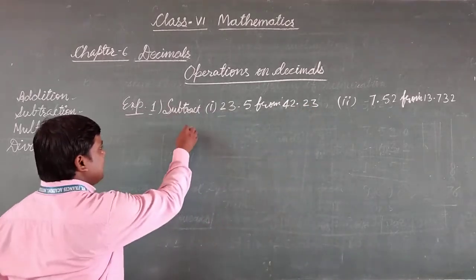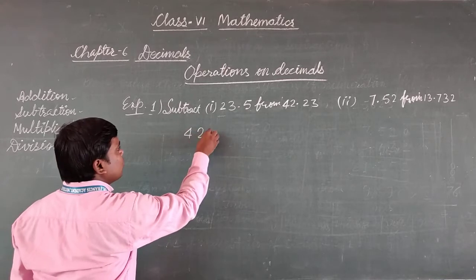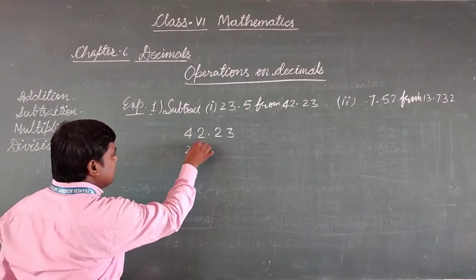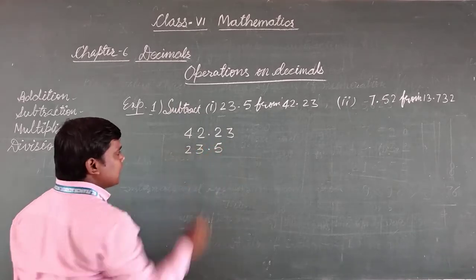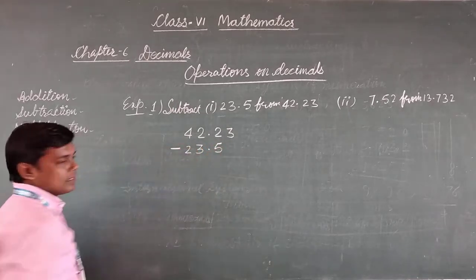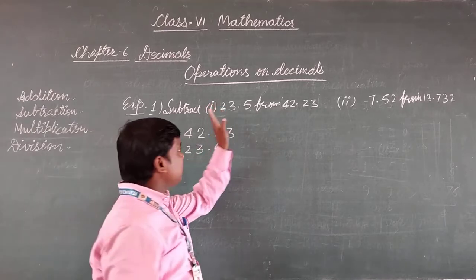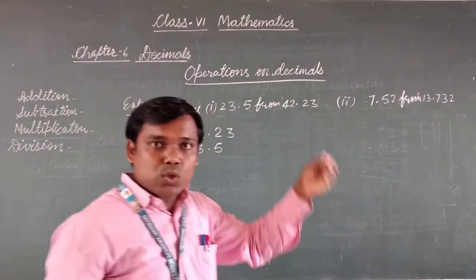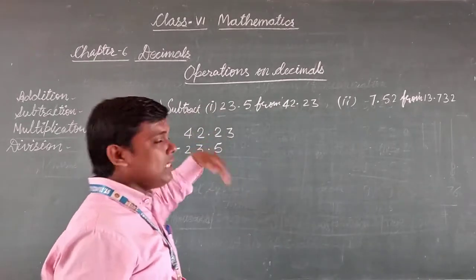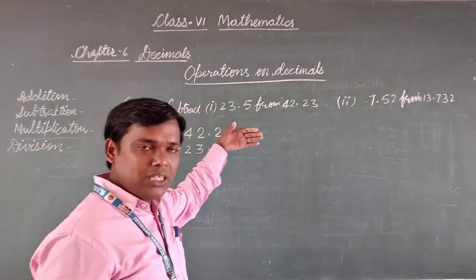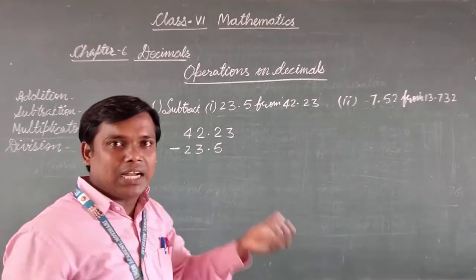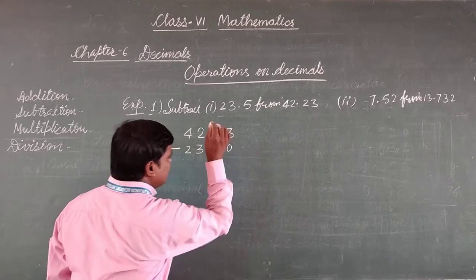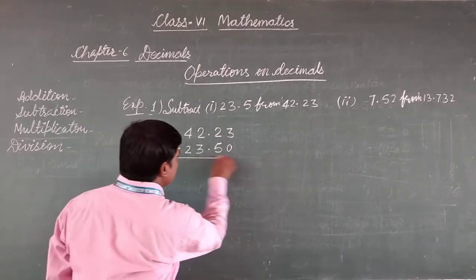So we will first write 42.23, now 23.5, and here is minus, because it says subtract 23.5 from 42.23. So we will write 42.23 as the minuend and 23.5 as the subtrahend. Then we will find the difference. Again we have to make like decimals, so we will put 0 here to make like decimals and then we will subtract.